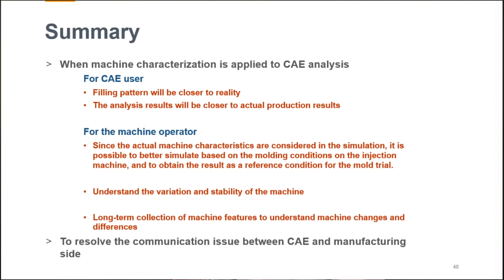And for the machine operator, since the machine behavior is being considered, they don't have to concern whether this CAE analysis considered the machine behavior of their certain machine. So not just the mold design, part design, and the material property, but also the machine behavior will be considered in the analysis.